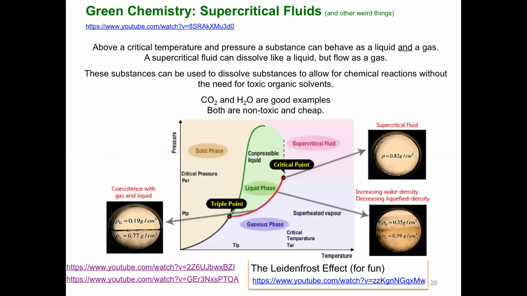That eliminates the need for toxic organic solvents, because they'd be able to provide a platform for a non-polar organic substance to reside in and have a reaction take place.